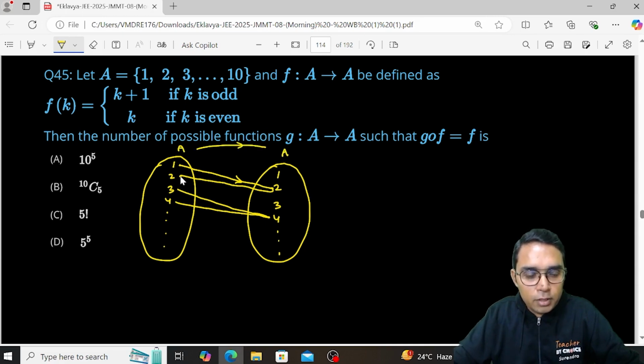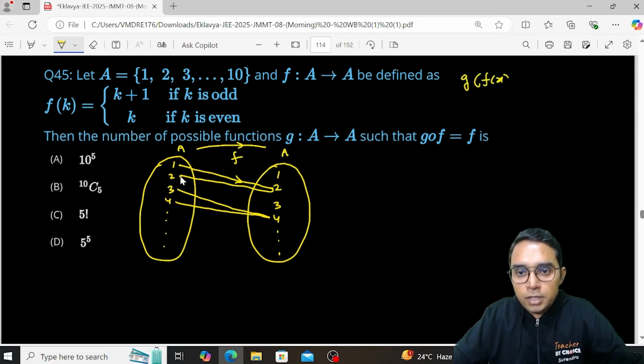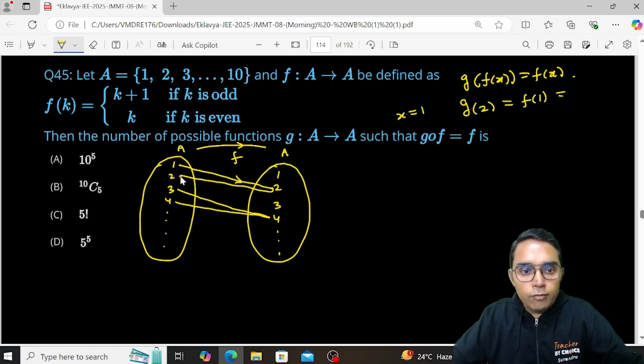This was the f function, and g is such that g of f is equal to f. So g of f(x) is equal to f(x). Okay, so what should be the conditions? Please see. If I put x equal to 1, f of 1 is already 2. So g of 2 should be equal to f of 1, and f of 1 is 2. So g of 2 should be equal to 2.